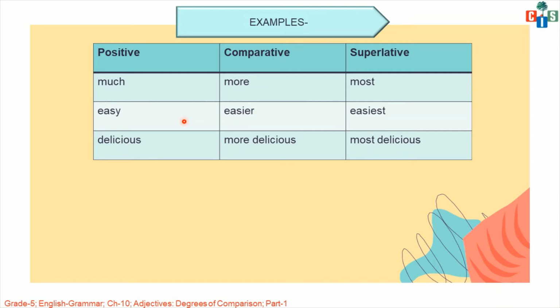Okay, IER, because we removed y and we added IER in comparative degree, and in superlative we added EST. Okay, so this word will remain same, only suffixes will be added, and in that way we can change that word into comparative and superlative.